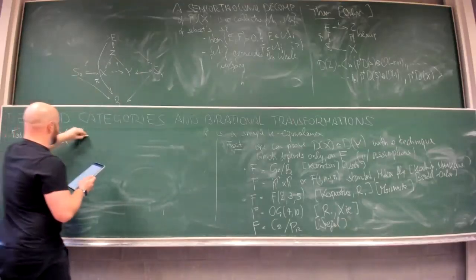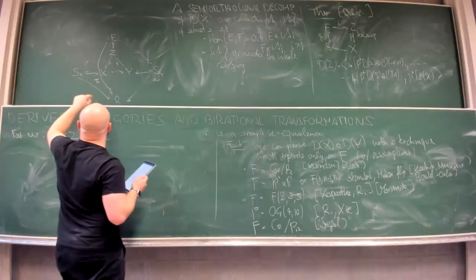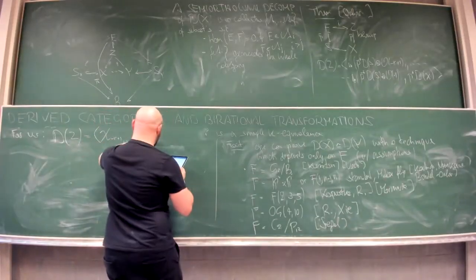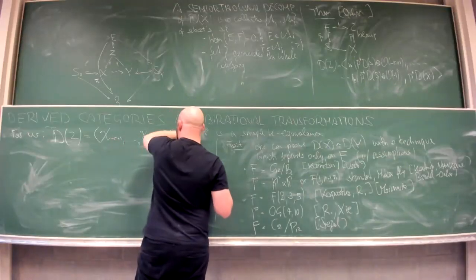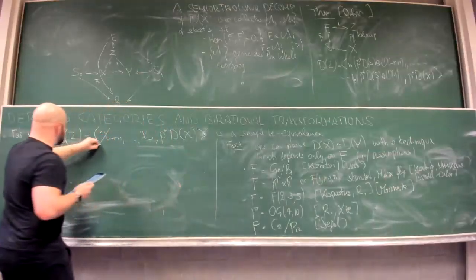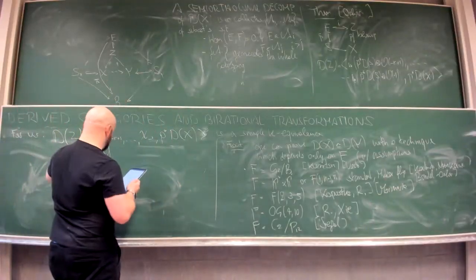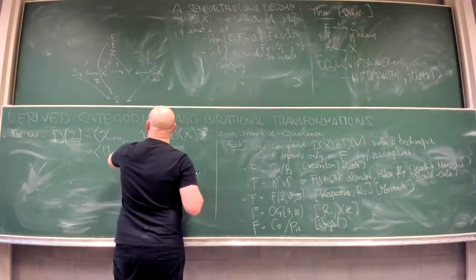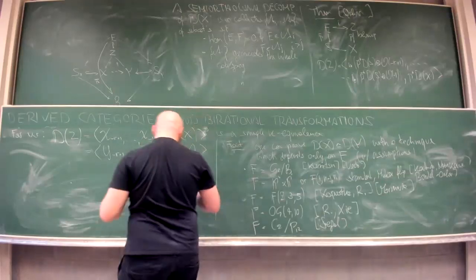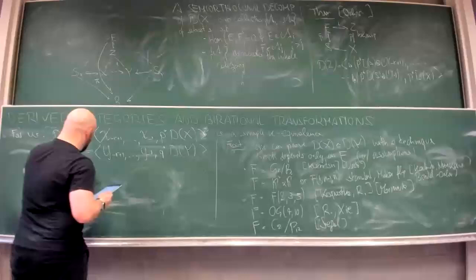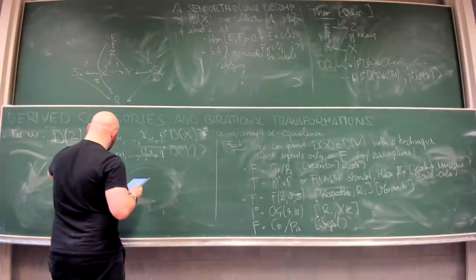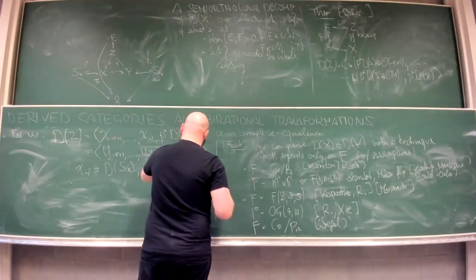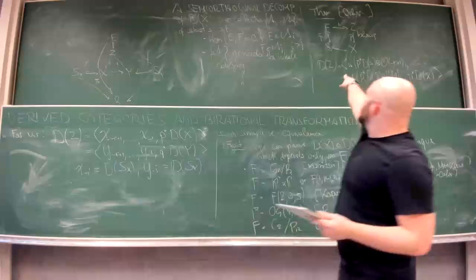D of Z will be given by a sequence of categories x1 up to x1, x1, P pullback of X, so this is type X. Or we can use the other blow-up structure, and we have something like this: y minus y plus 1, y minus 1, Q pullback of Y. Okay, where all the x's are equivalent to the category of Sx, and the y's are equivalent to the category of Fy. Okay, because of the blow-up thing that I showed there.